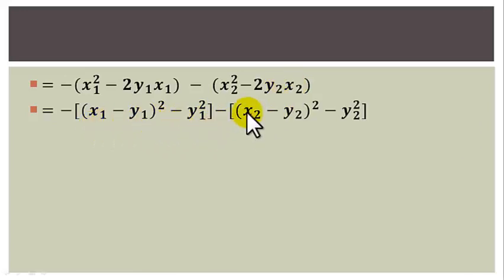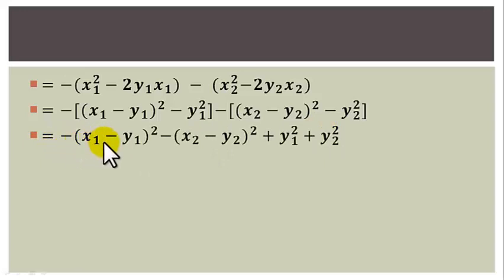This will be x2 minus y2 all squared minus y2 squared. And this will give us minus into x1 minus y1 squared minus into x2 minus y2 squared. Please, this minus y1 squared will become plus y1 squared. Minus y2 squared will give us plus y2 squared.